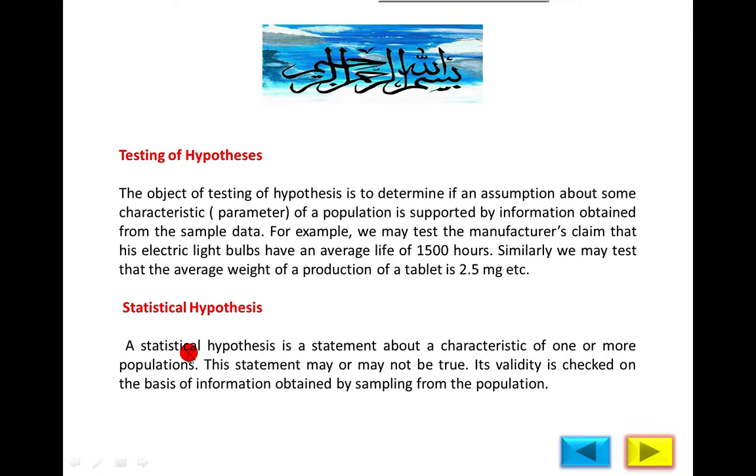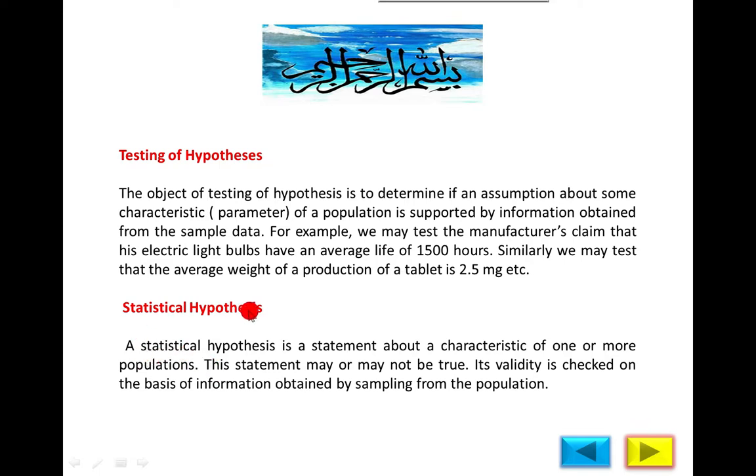But in this course, we will study only one and two population means, two population variances, etc. For more than one population mean, we will use ANOVA, analysis of variance. ANOVA is also a part of testing of hypothesis.